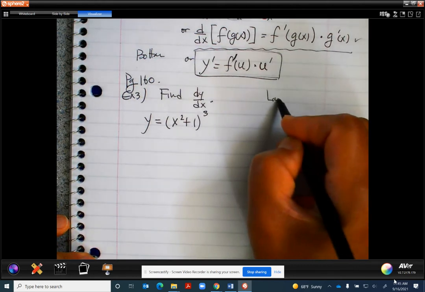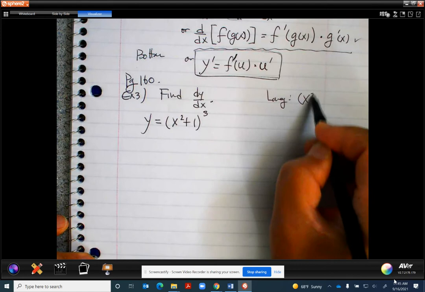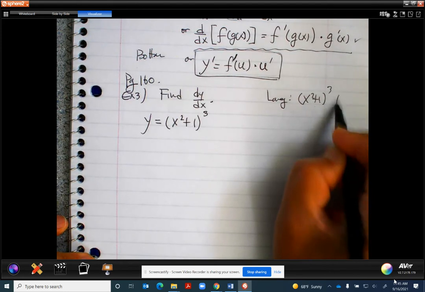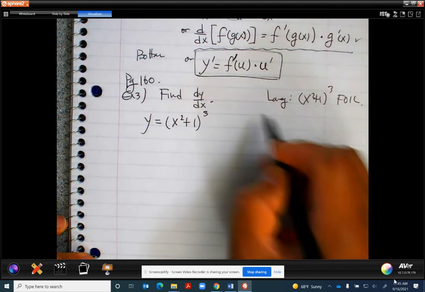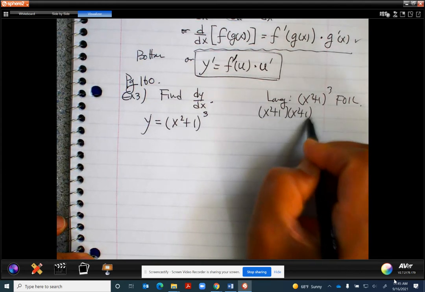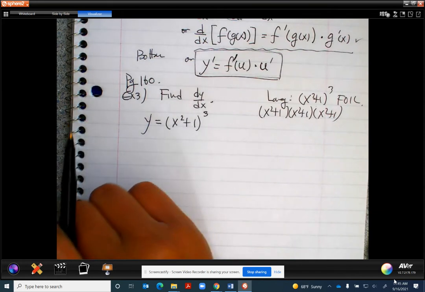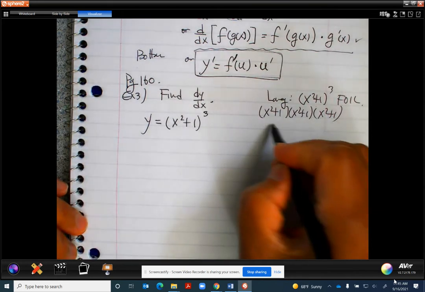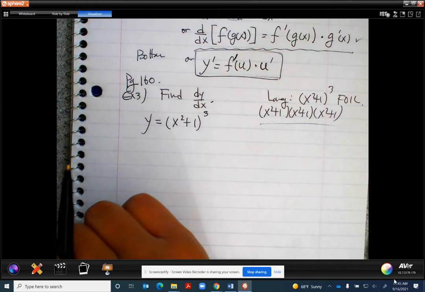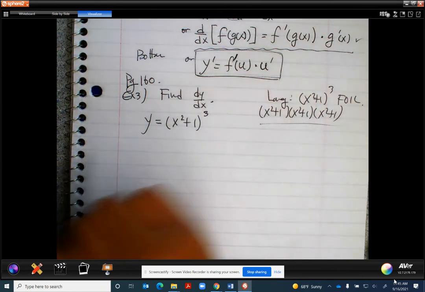The long way would be actually taking this and FOIL. Can you imagine if you take x squared plus 1 times x squared plus 1 times x squared plus 1? Do you think it's possible to FOIL that? I'm sure we can, right? And then we'll make it into a long polynomial, and then you take the derivative of each part, and we're done. You can solve it that way.